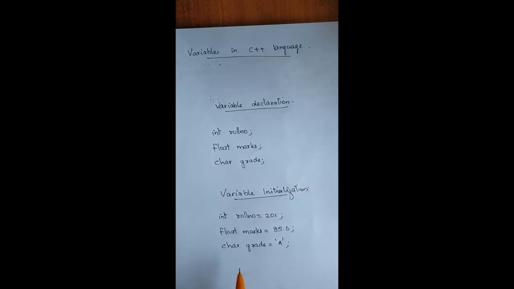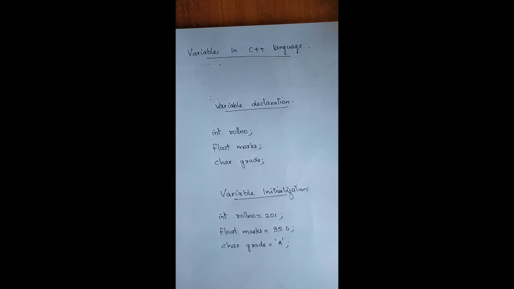And there are some rules to declare a variable. The first letter of a variable should be an alphabet or underscore. The first letter of a variable should not be a digit.